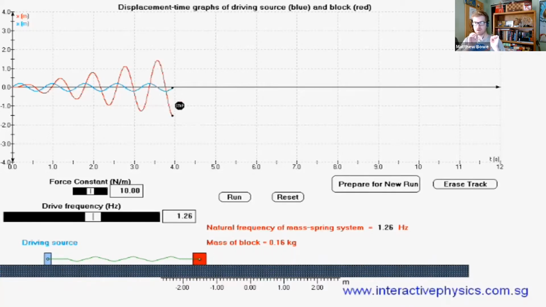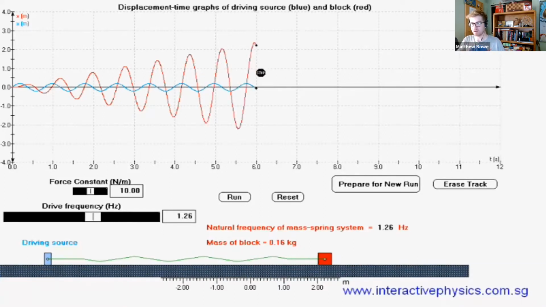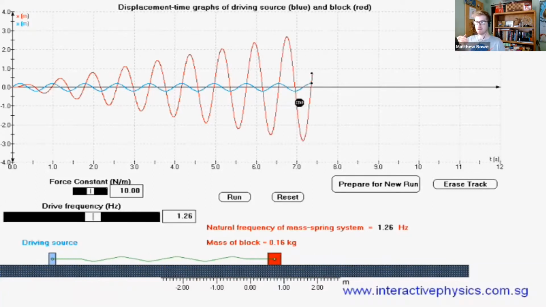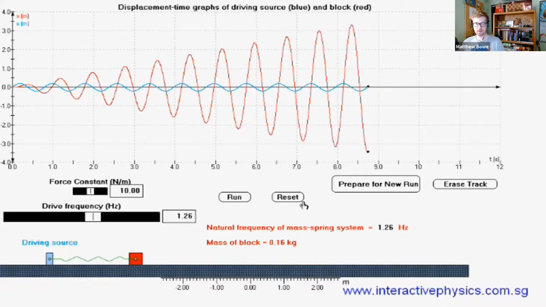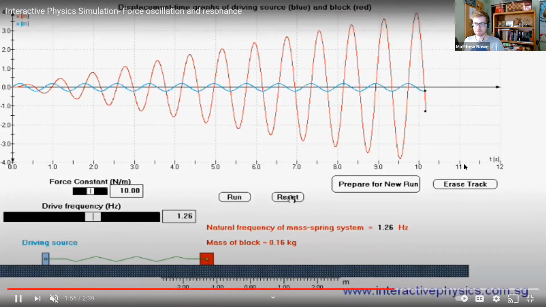You're applying the same amount of force at the same time, but it is creating a larger and larger amplitude. And this can become destructive in some cases. In this case, this graph would just grow forever.